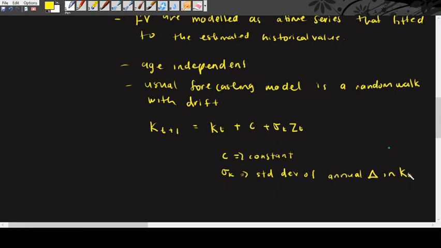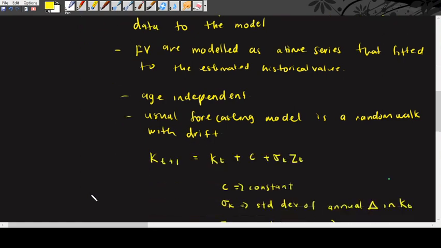And zt is assumed to be IID, which is an independent and identically distributed random variable with a standard normal 0, 1 distribution. This explains what kt is.